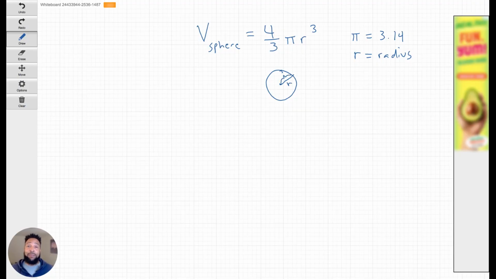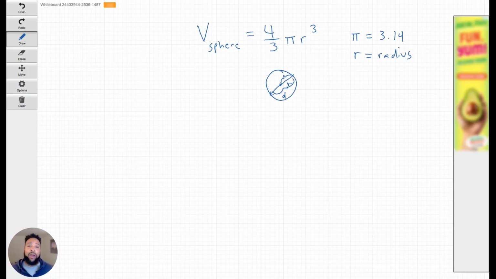Now, sometimes when you're calculating the volume of a sphere, they may tell you what the diameter of that circle is, and then you may need to calculate the radius from knowing the diameter. Now, the diameter of a circle is a continuous line from one side of the circle to the other going through the midpoint. So it's that entire line going through the midpoint that is considered to be the diameter.